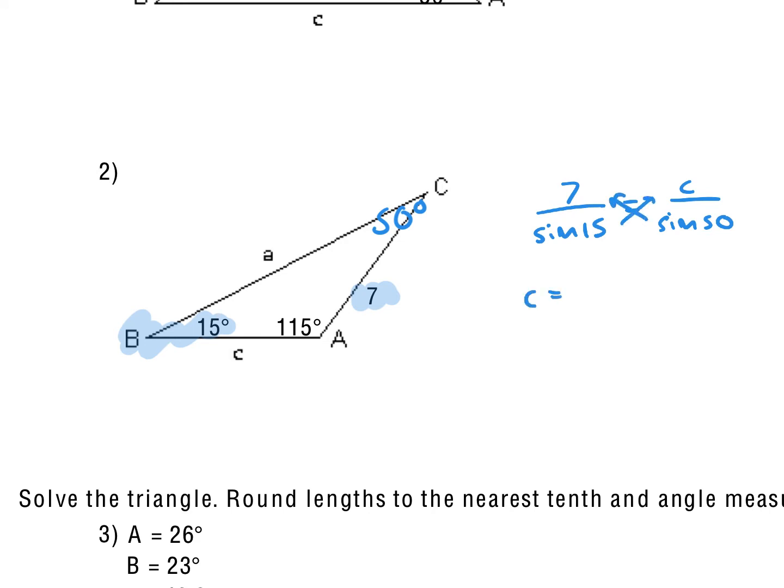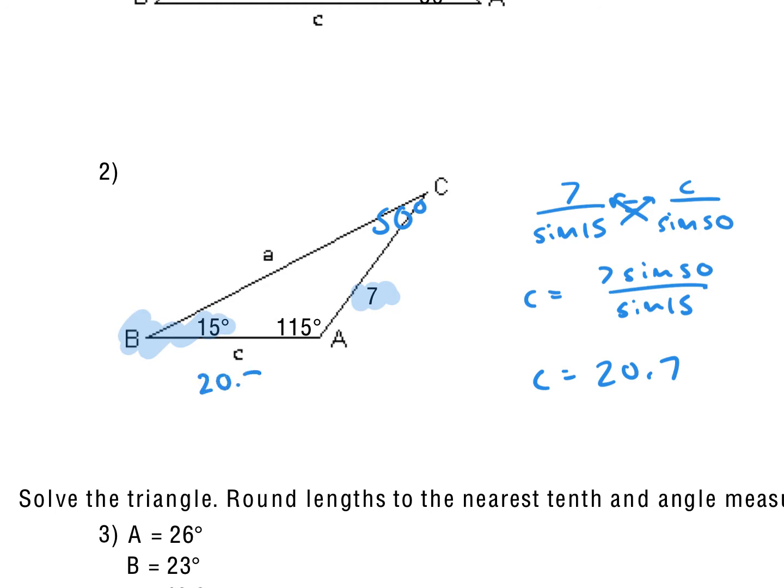So we get C is equal to 7 times sine of 50 over sine of 15. What do we get when we put this in the calculator? 20.7. Agree, disagree? Awesome.